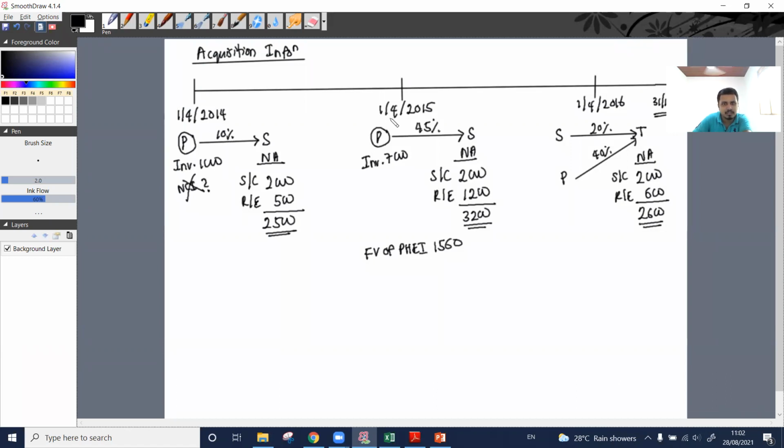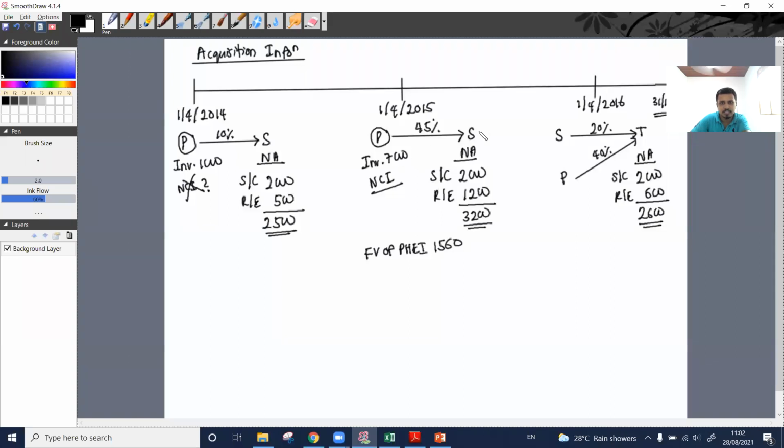But on this date, on 1st of April 2015, what has happened? Company S has become a subsidiary for us. Then we need to determine the NCI value here. When it is a subsidiary for us, we should know the NCI amount. So on 1st of April 2015, we should calculate the NCI value.